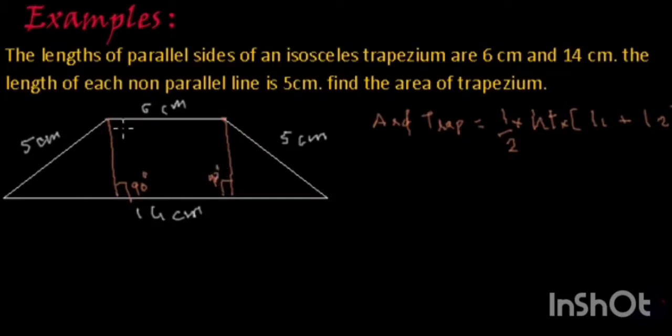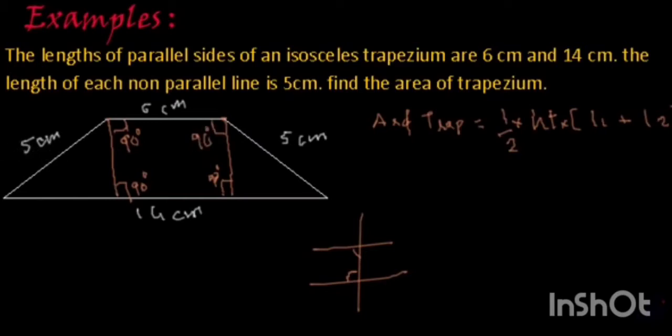And what can we say about these two angles, this angle and this angle? If we have two parallel lines and one transversal, the sum of the two interior angles on one side of the transversal is 180 degrees, right? So what will this be? This will be 180 minus 90, that is 90 degrees. And this will also be 90 degrees, right?